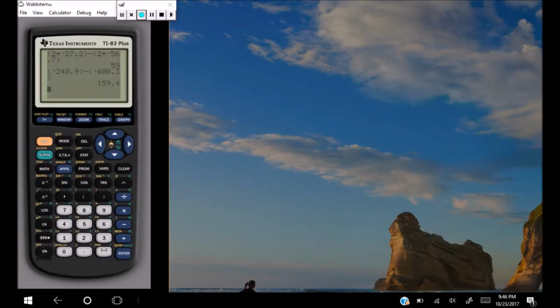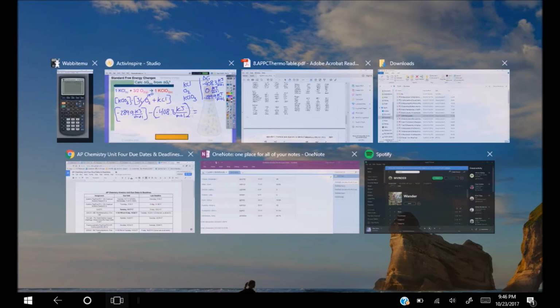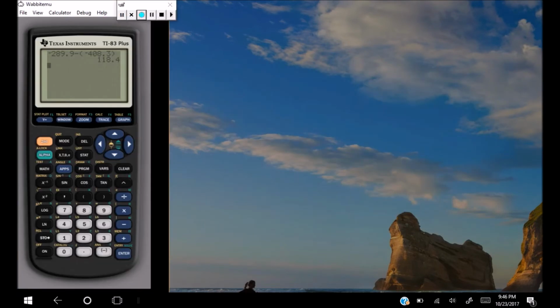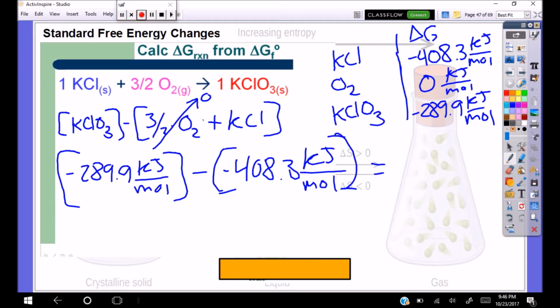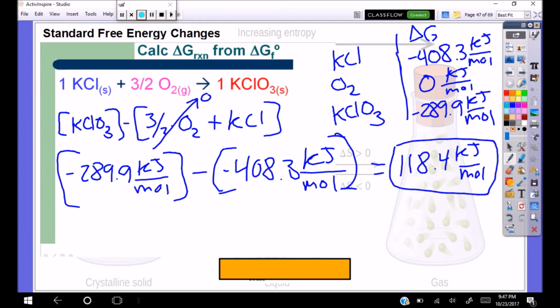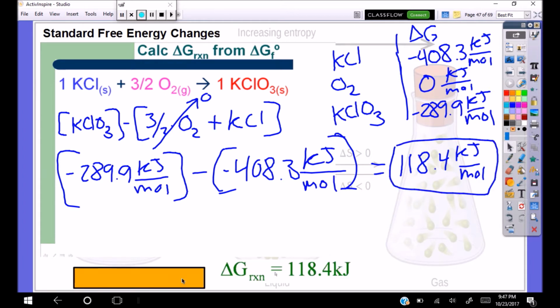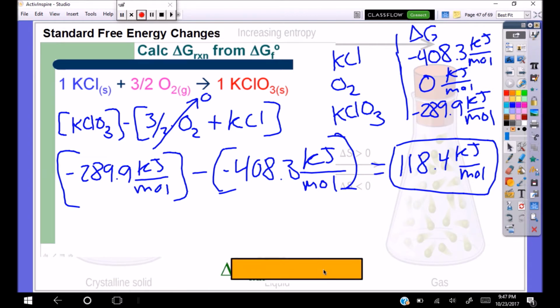So negative 289.9 minus negative 408.3, and we get a positive 118.4 kilojoules per mole. That is our delta G. Let's check ourselves. There we go, we're on track, good.